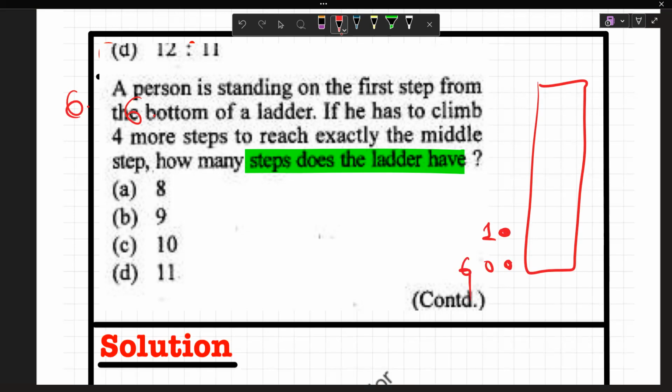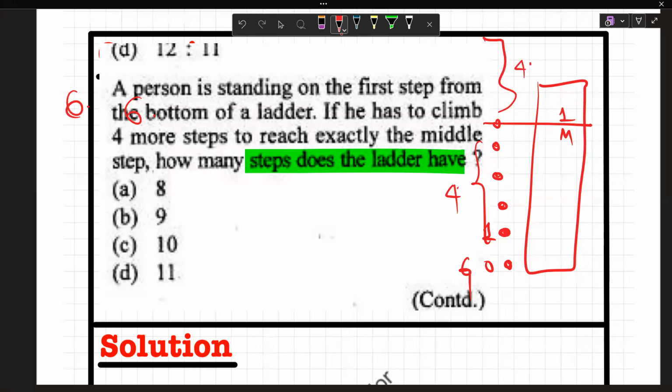If he has to climb 4 more steps to reach exactly the middle, and the person climbs 4 more steps, this is the middle position. Clear? So how many steps are here? 4 steps. This is the middle position, which is 1 step. And the question is, how many steps does the ladder have? The ladder will have 4 more steps here again.